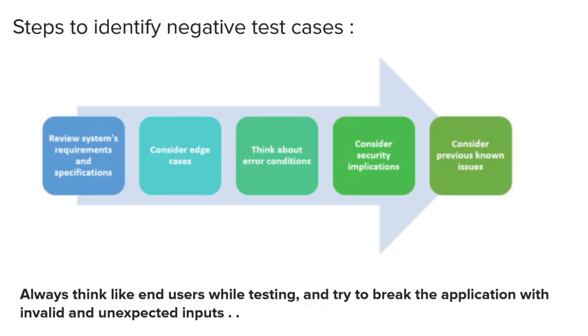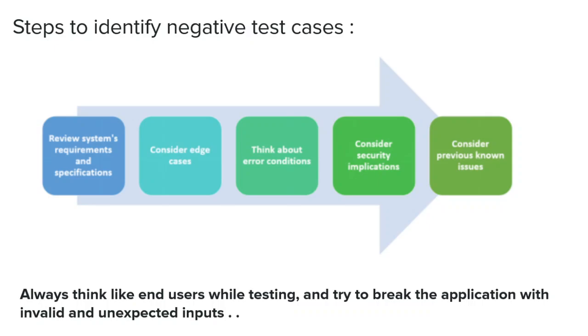And how to identify the negative test cases? Whenever we are reviewing the system requirements and specifications, we should always consider edge cases as well. We should always think like an end user. What are the possibilities the end user can do along the positive way as well as the negative way?